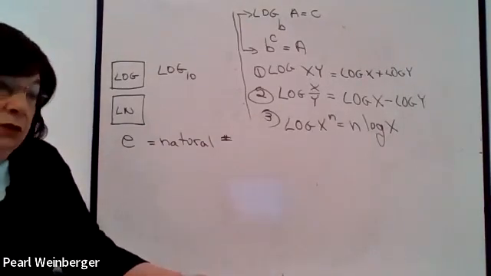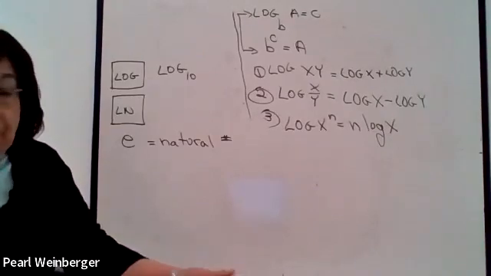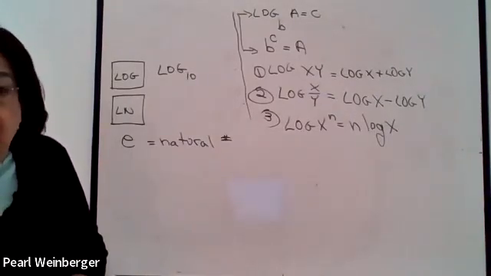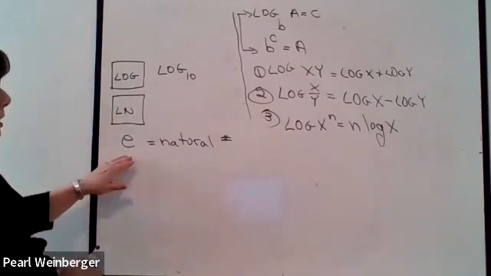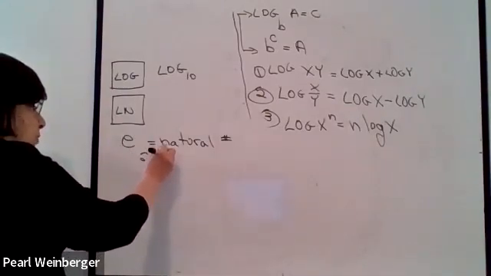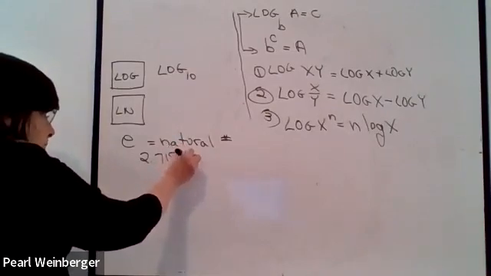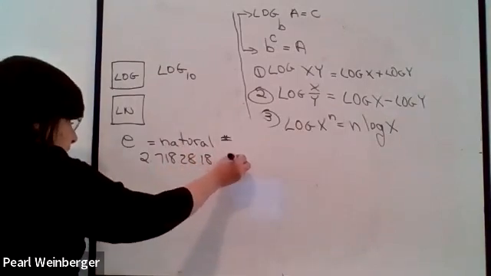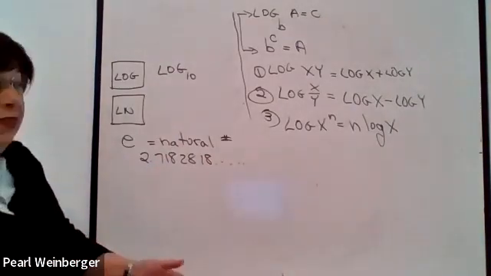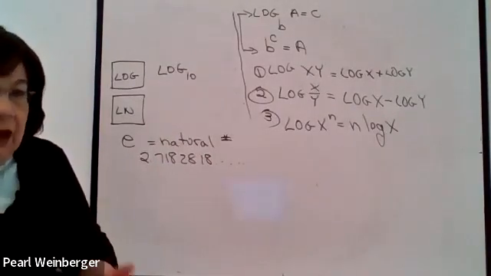And when you're working with compound interest or populations, there are formulas that use a special number e. It's equal to 2.718, and maybe another 2818, I don't know what it is exactly. I know it starts 2.718. I don't know why they call it a natural number, because to me it looks very unnatural. It's non-ending, it's non-repeating.